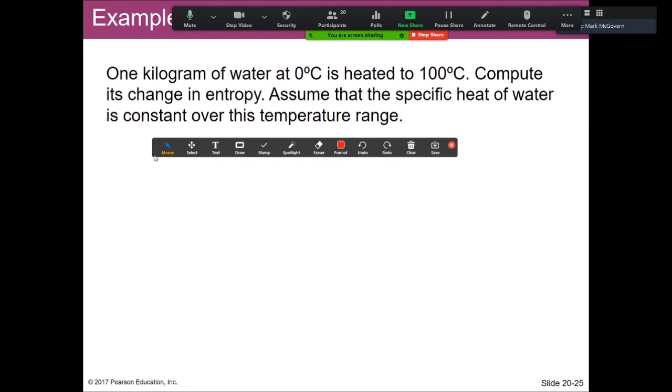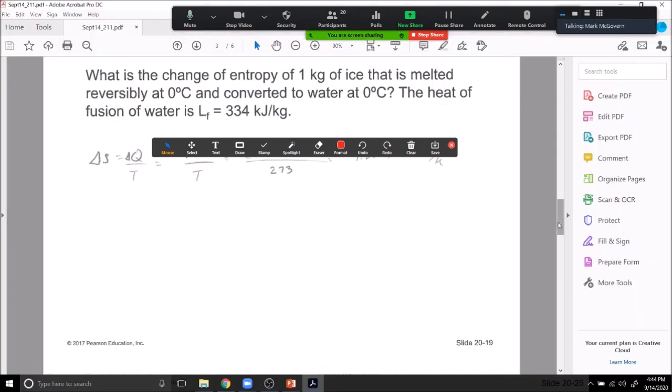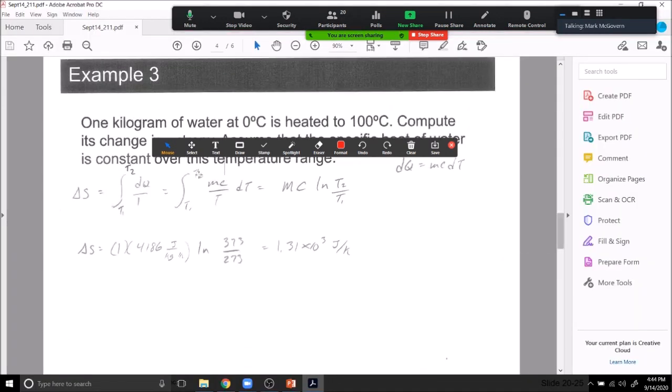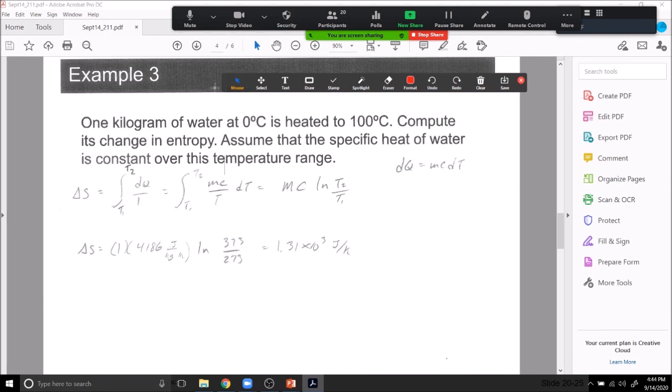A kilogram of water at 0 Celsius is heated to 100 Celsius. Compute its change of entropy. Assume that the specific heat of water is constant over this temperature range. Well, this is different because now we do have a temperature change. So that means we're going to have to rewrite our dQ in terms of a temperature difference.